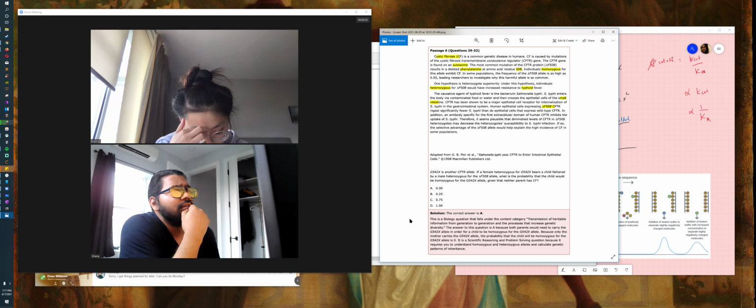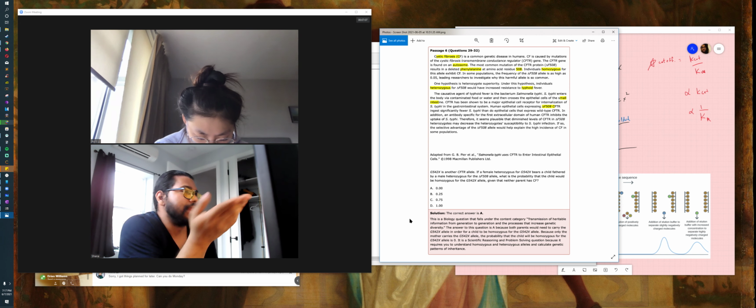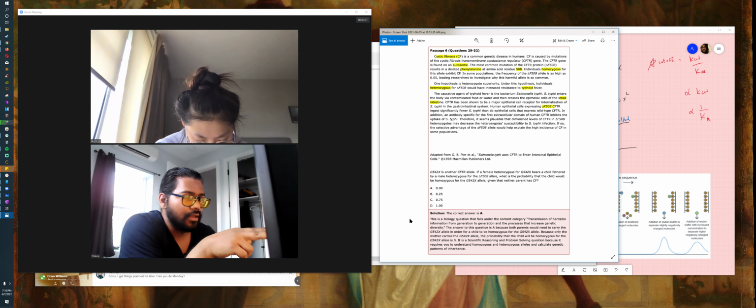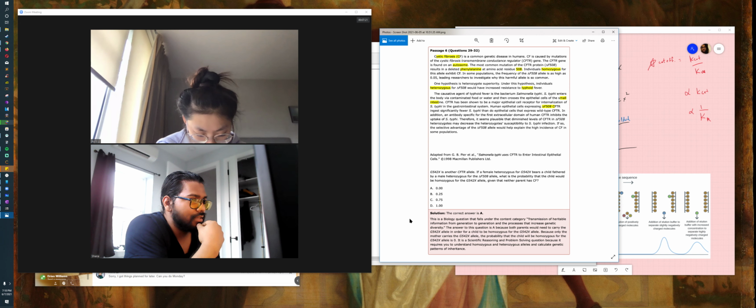And then, if they're heterozygous for it, they have better resistance to typhoid. I'm trying to look for the other one. Okay, I guess it's not there. So they're just introducing this in this question.